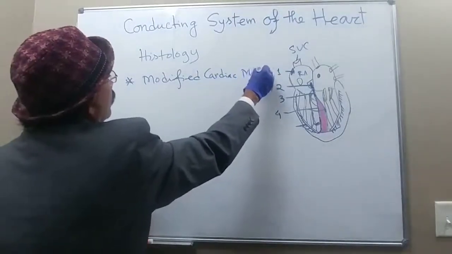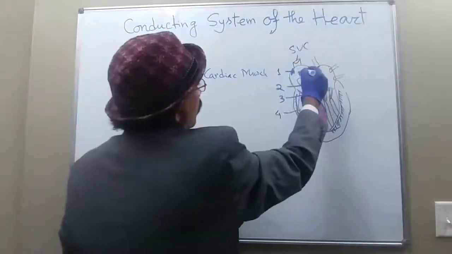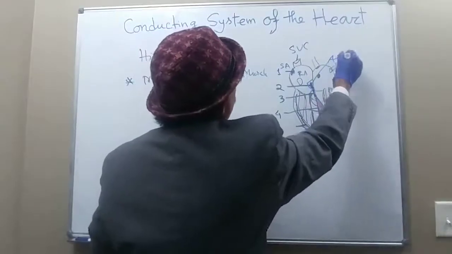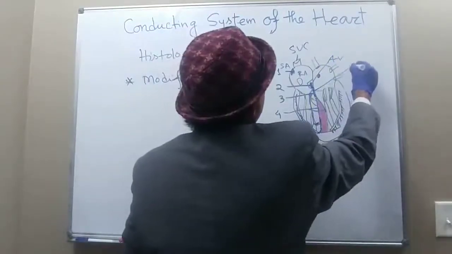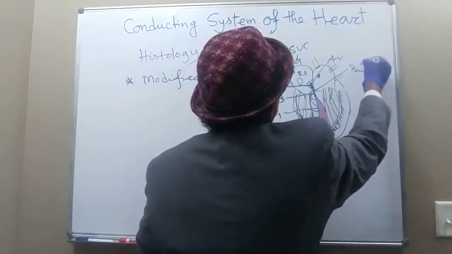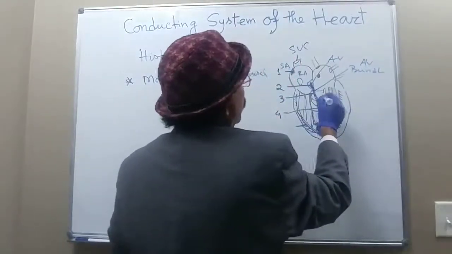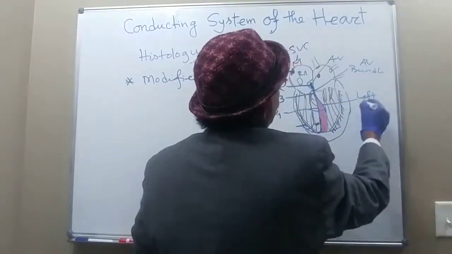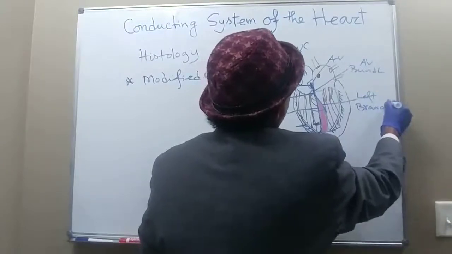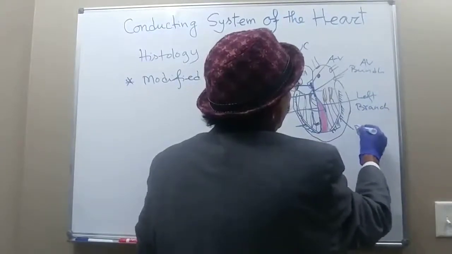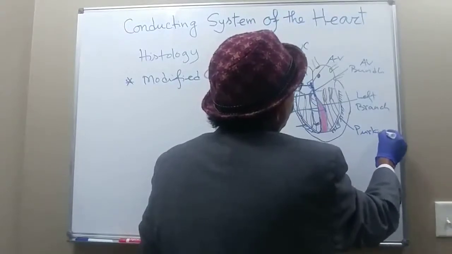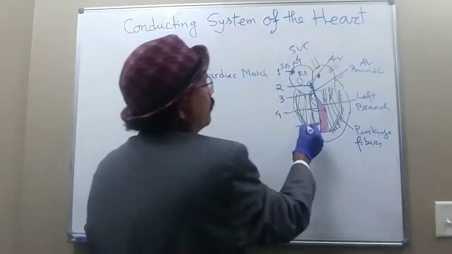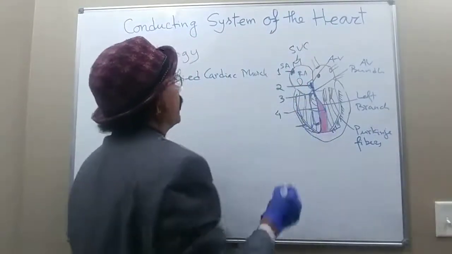This is the SA node, this is the AV node, this is the AV bundle, this is the left branch of the AV bundle. This is the Purkinje fiber in the left ventricle. This is the right branch.